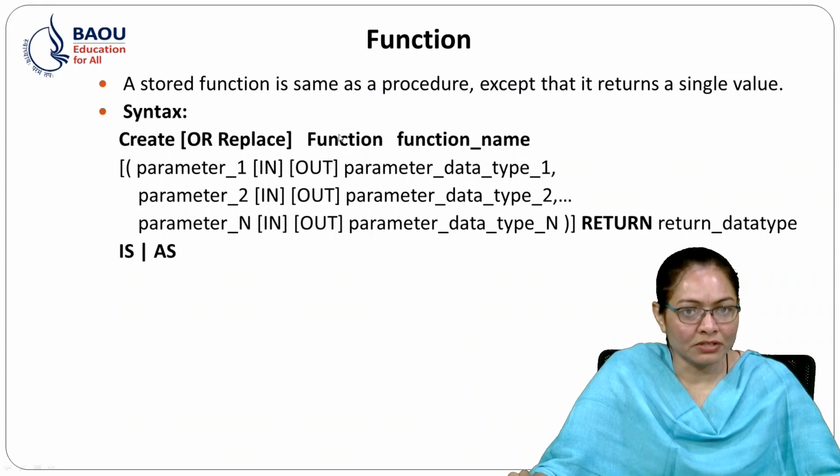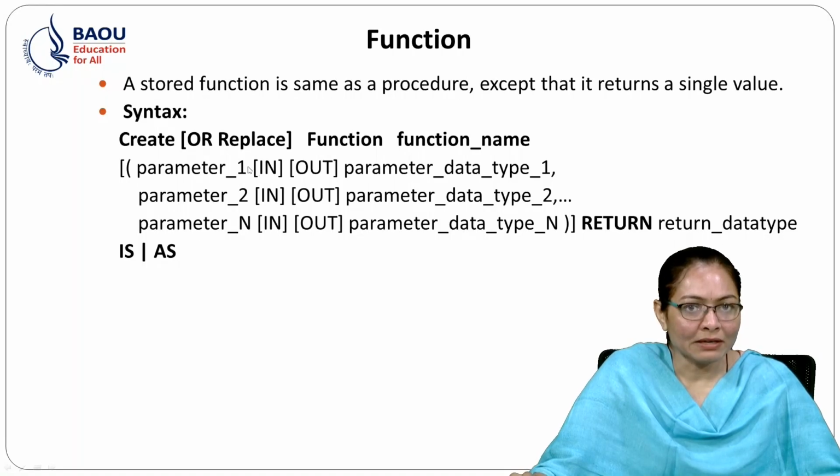So, the function name is the user-defined name given to the PL/SQL function. Now, the square bracket is optional, meaning if there is a parameter then you can define it. If there is no parameter, you cannot define this block.